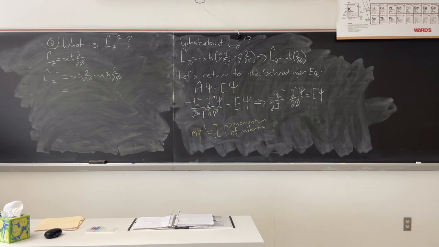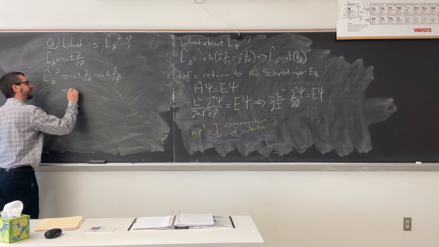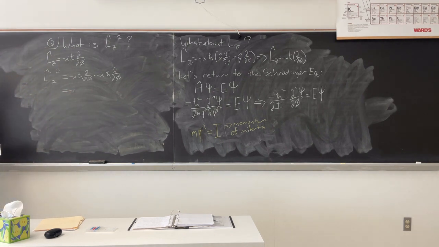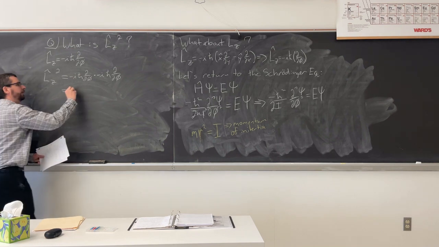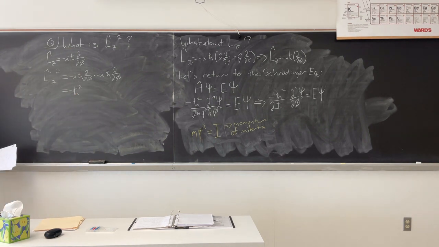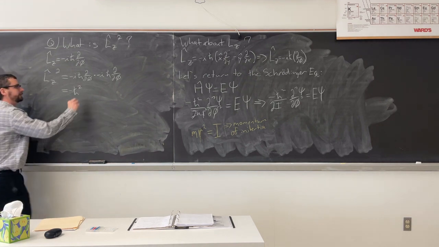Negative 1 times negative 1, 1. i times i, negative 1. h bar times h bar. Yep. Derivative with respect to phi squared.